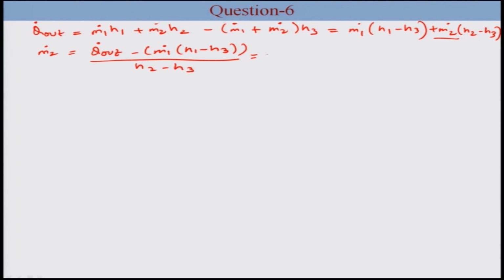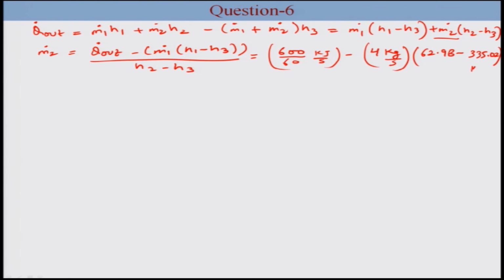So, putting all the values, Q out is 600 by 60 kilojoule per second, minus mass flow rate m1 dot, which is 4 kg per second, multiplying this by (62.98 minus 335.02).